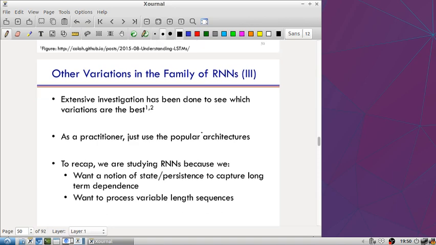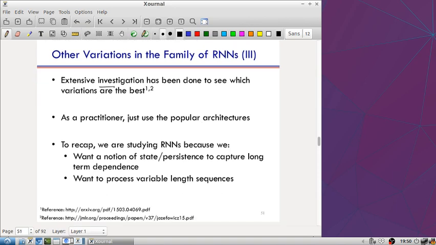I don't know. People keep investigating and publishing new architectures or variations of these recurrent neural networks. This 2015 paper covers everything from the LSTMs proposed in the late 80s all the way to 2015.